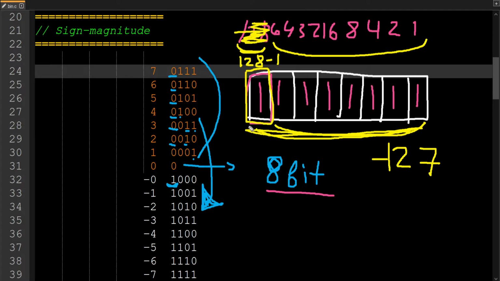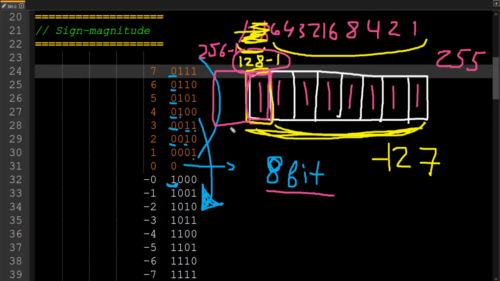Now let's take this number as a positive number. If we say that it's positive, we do not treat this bit as our sign bit. We just say this is a regular bit, and then we have 128, and the next bit will be 256. And as I showed you this trick, 256 minus 1 will be 255.